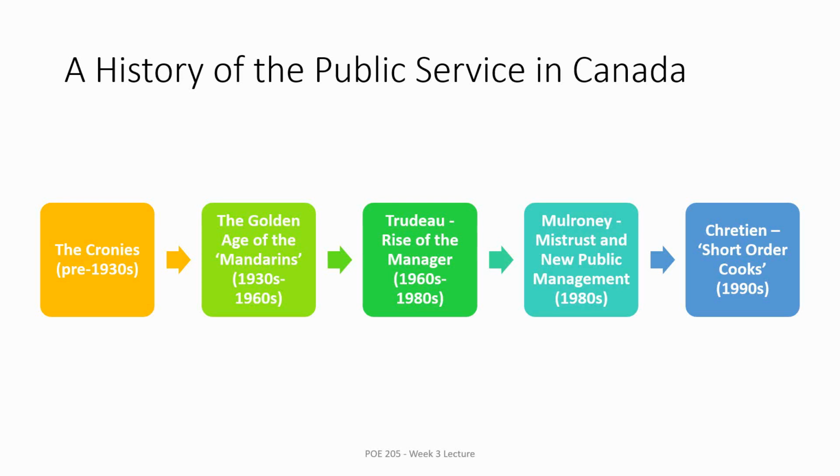And so this is before we got the type of professionalization of the public service that we're used to today, that you could get a job for your buddy just by putting them into the public service. But that was seen as okay at the time because government was doing a lot less, to be quite honest. And it was a lot smaller, and so it could function in this sort of more informal way.